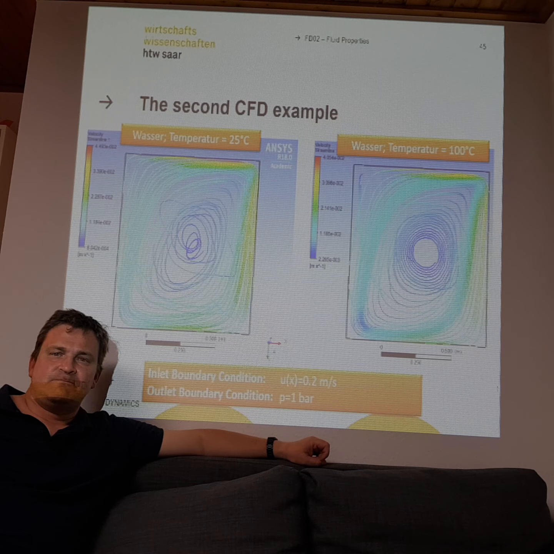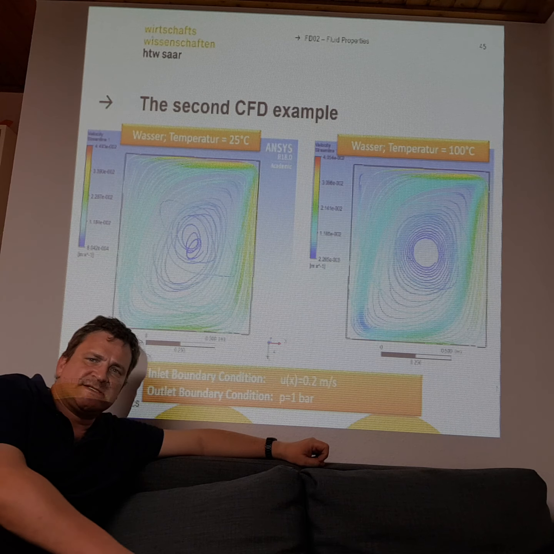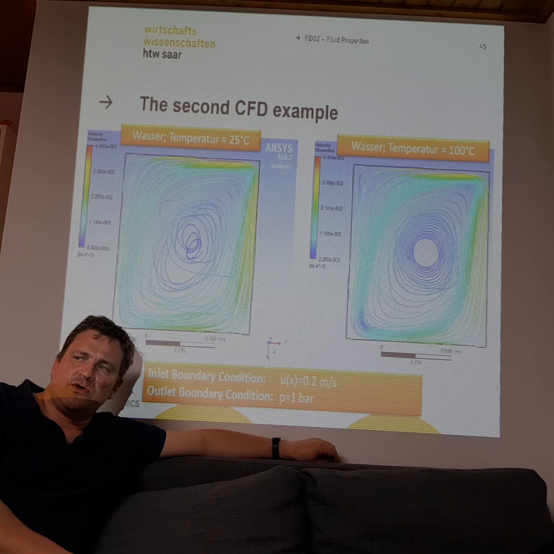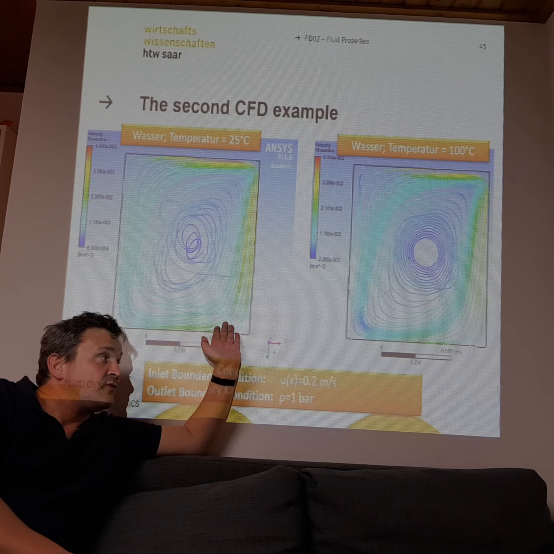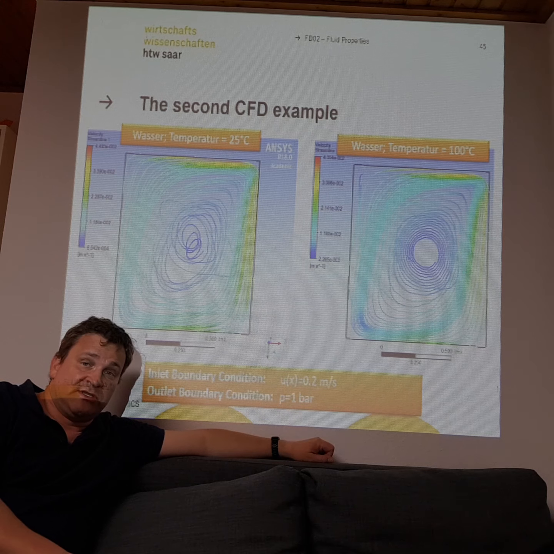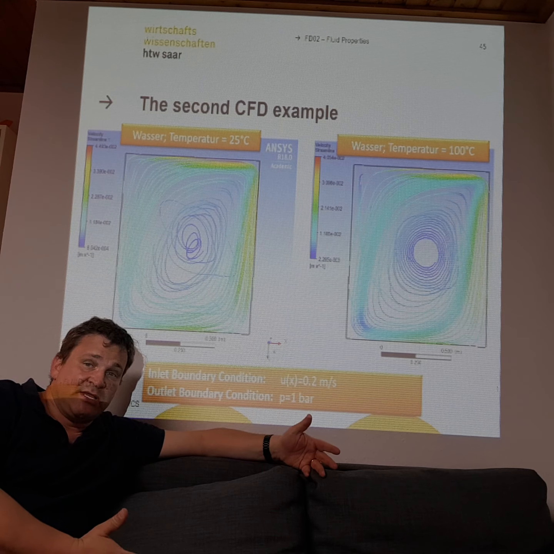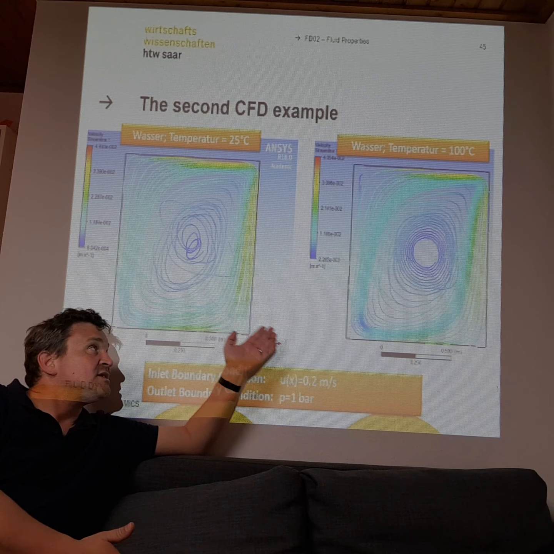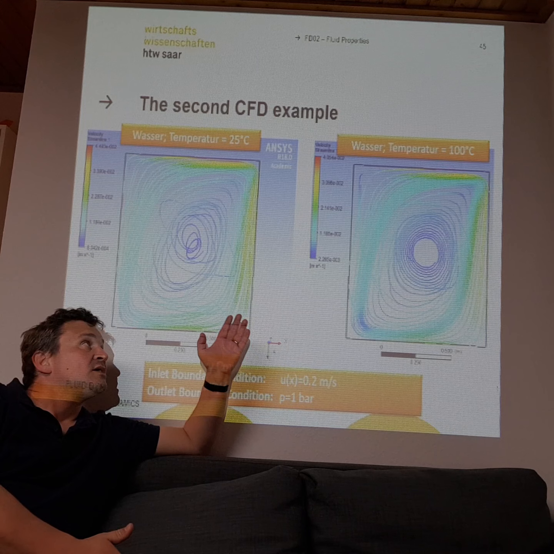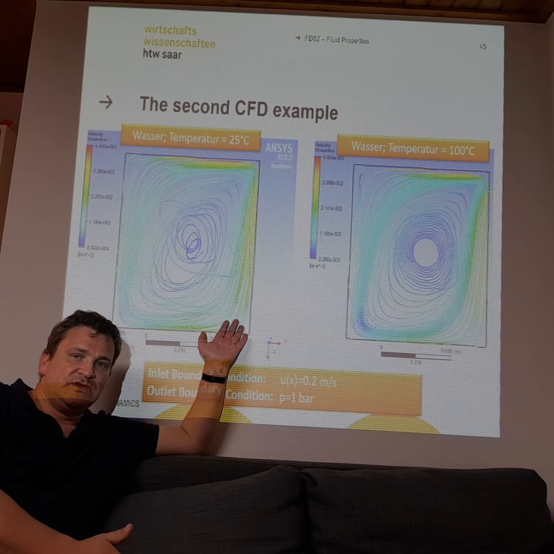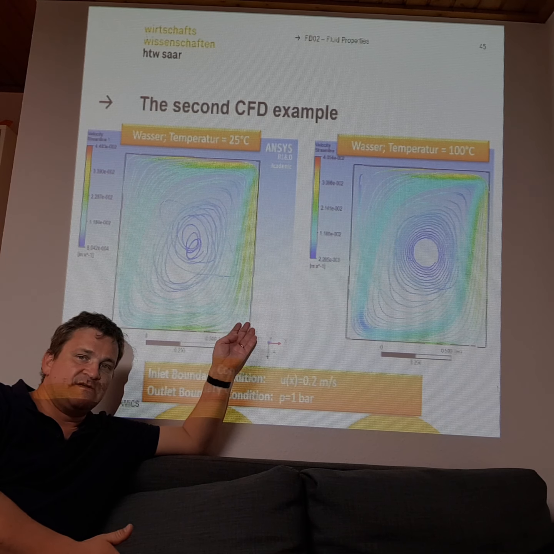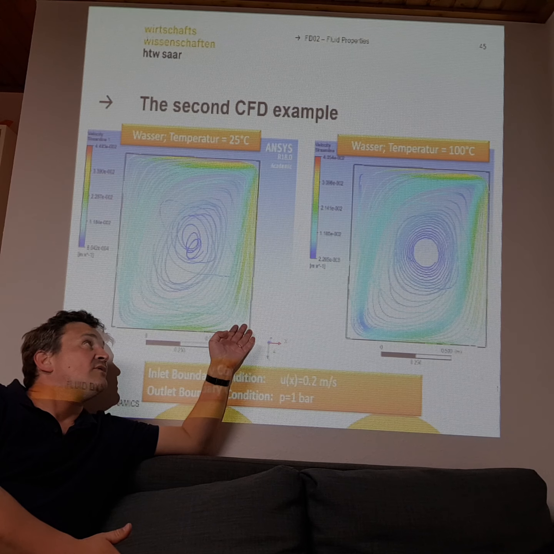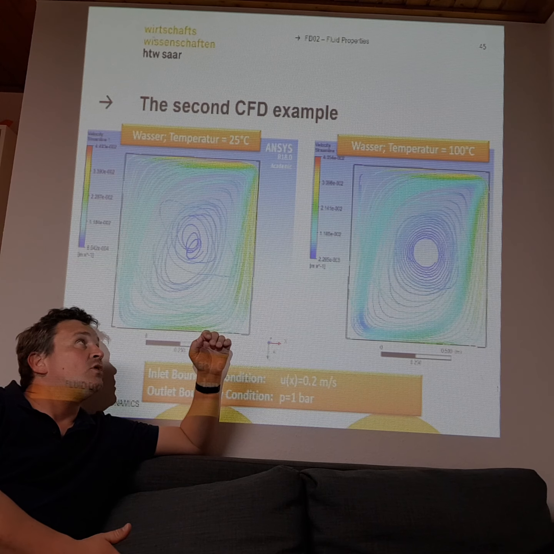Here's an example, and that's some kind of student work, and it's a student work you should also do in your exercise. I will show it to you and explain a bit how to do it. What you see in this exercise is a computational fluid dynamics simulation with CFX, and we get a rotation of the swirl.